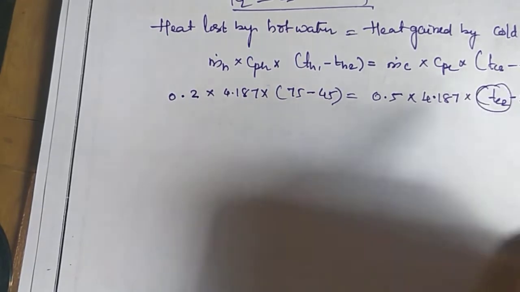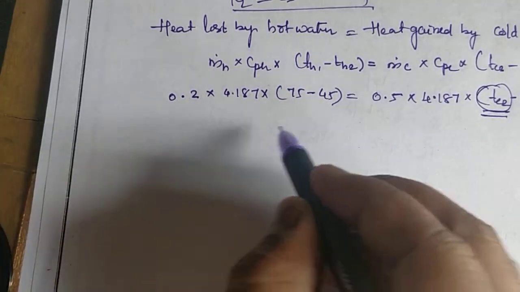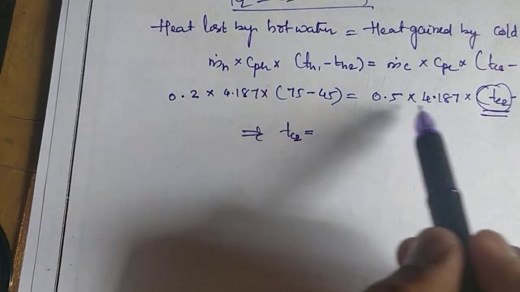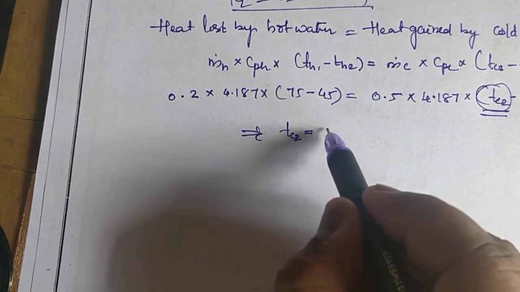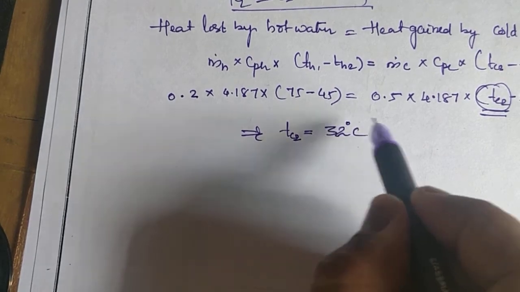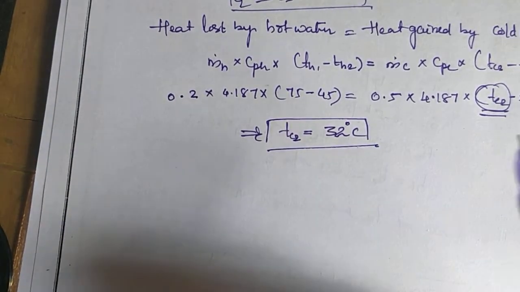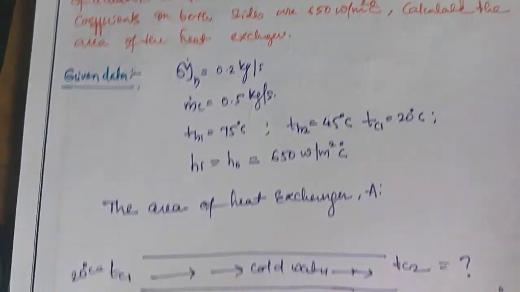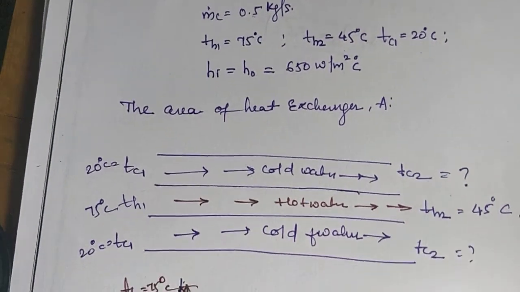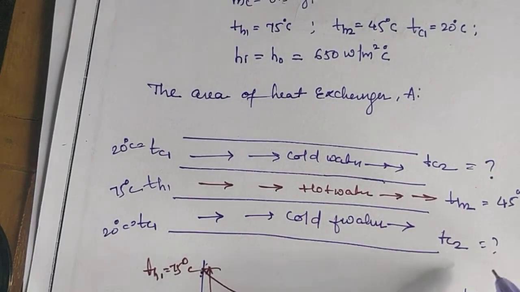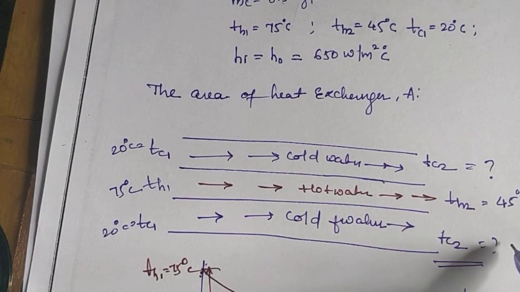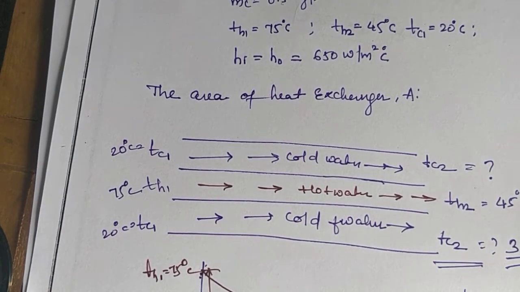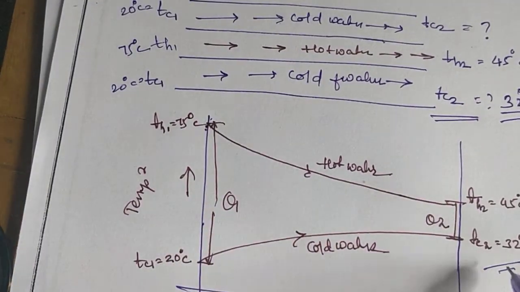The unknown is TC2. Solving this equation for TC2, you will get 32 degrees centigrade. You can write this value in the sketch.